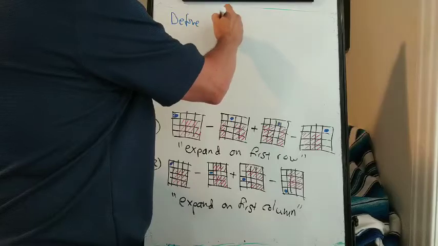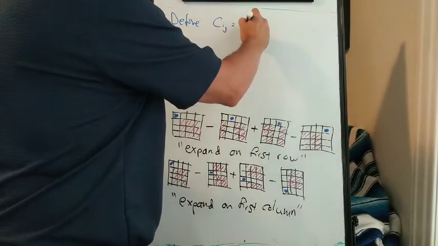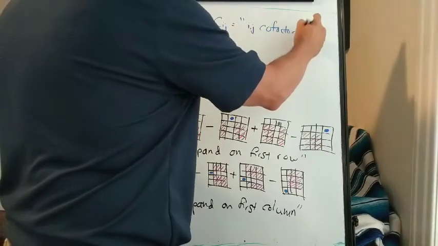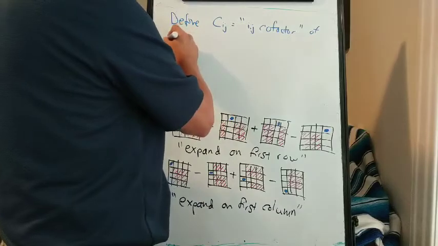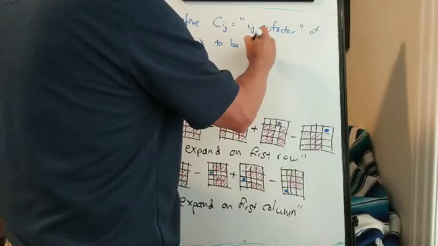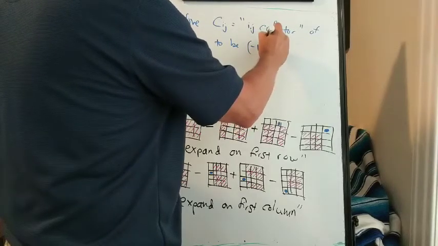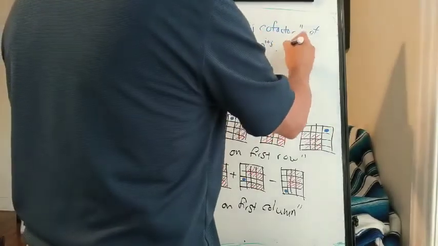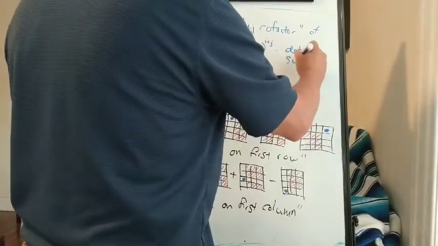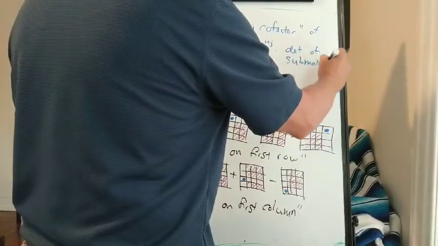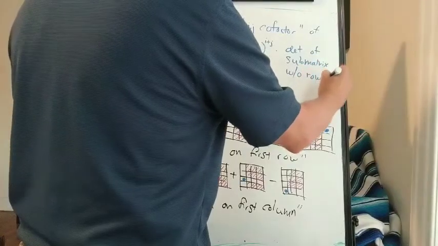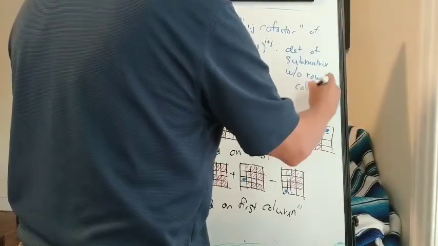So let's define capital Cij, which we'll call the ij cofactor of a matrix, to be -1 to the i plus j times the determinant of the submatrix without row i and column j.